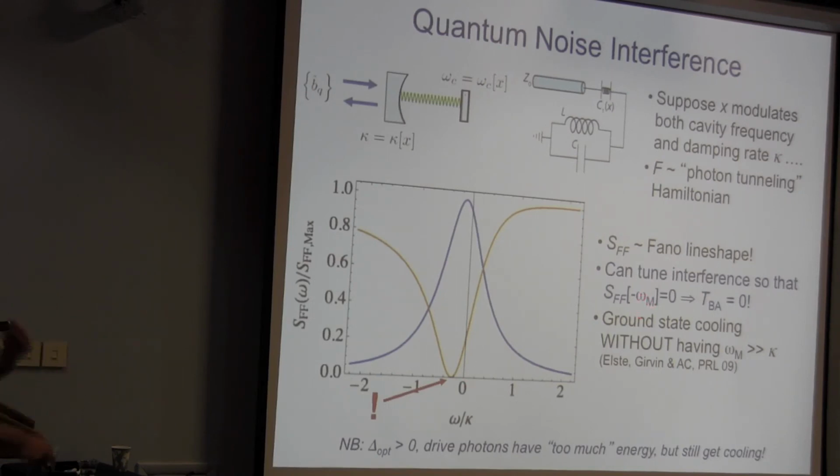That means, as far as the mechanics is concerned, the cavity photons look like 0 temperature. With this system, you could cool to the ground state in principle without having to be sideband resolved. Okay? So again, just to give you a flavor of this approach, this quantum noise approach is really a nice way to examine the physics of a lot of different systems, not just this canonical cavity optomechanical system.